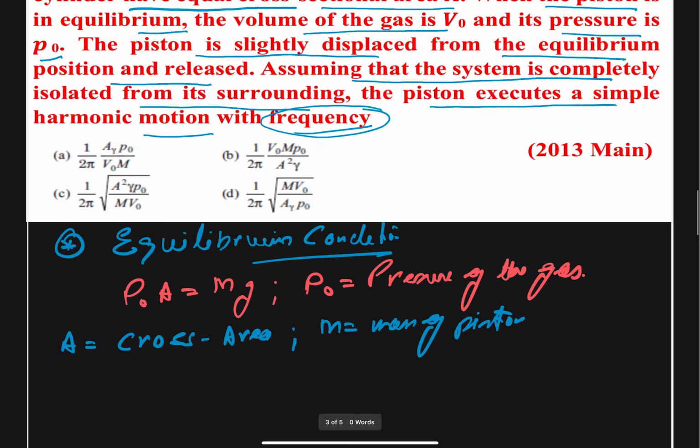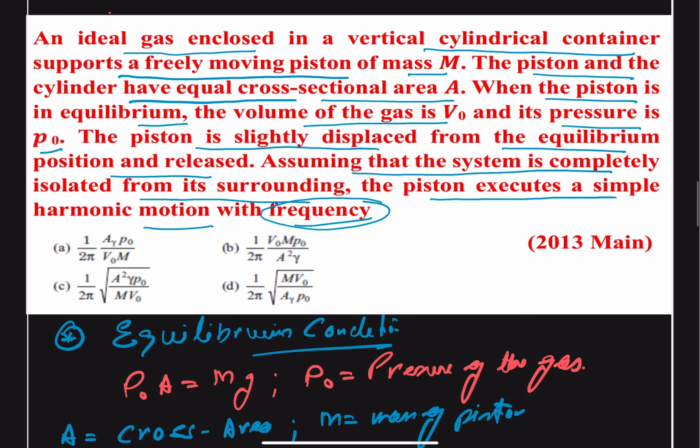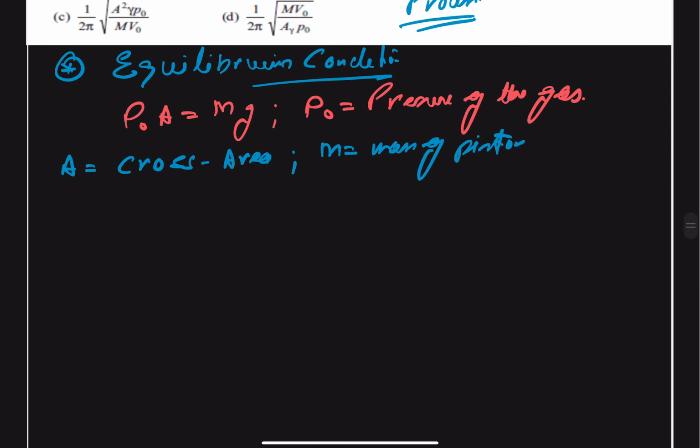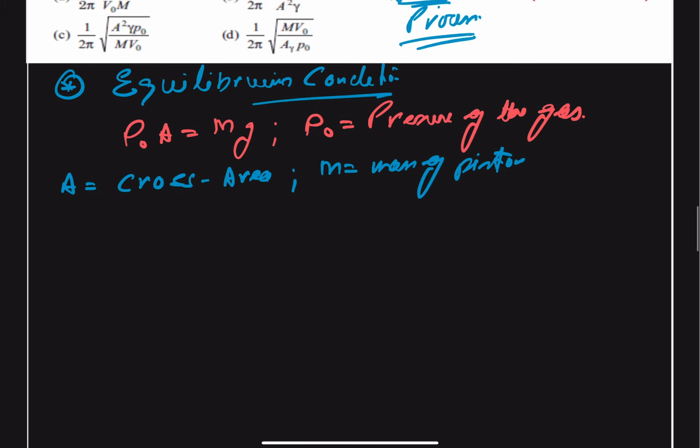And in this case we have to remember it is said that system is completely isolated, so we can say this is an adiabatic process. So we can use the adiabatic relationship of the gas.